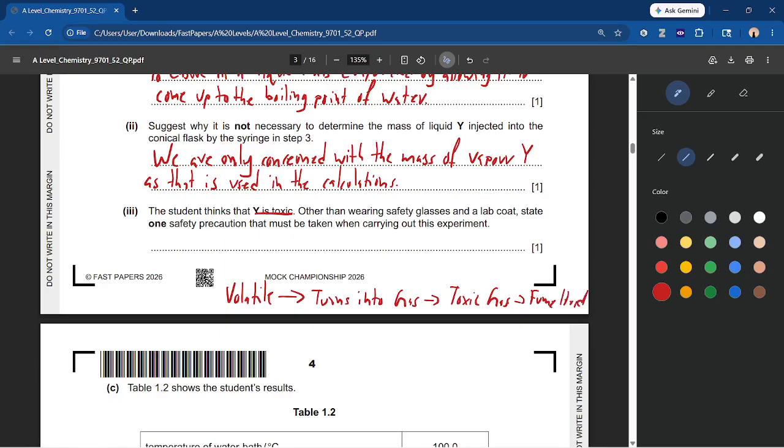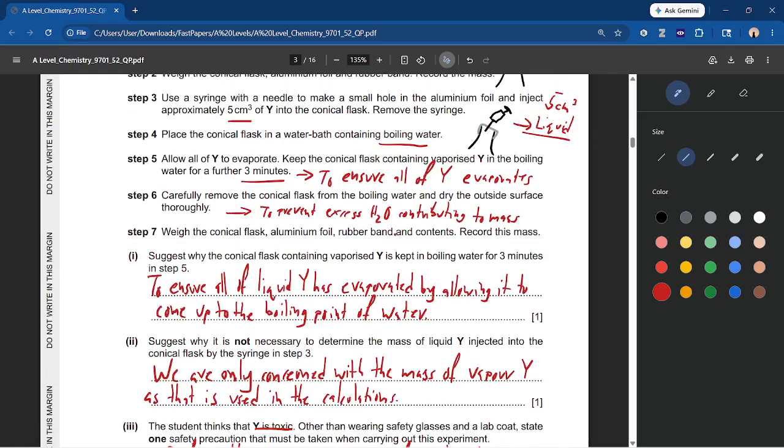I'm going to write fume hood. So perform the experiment in a fume hood.